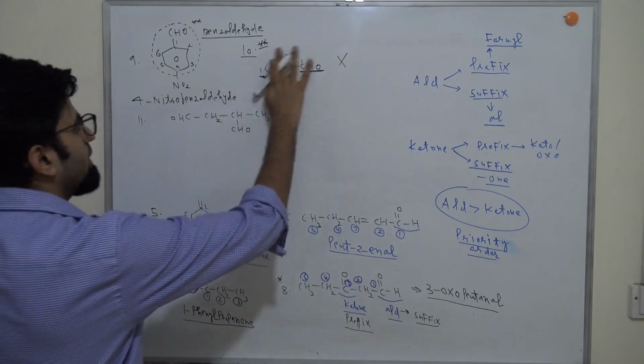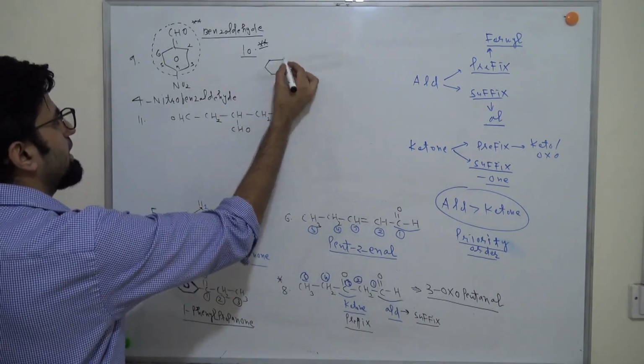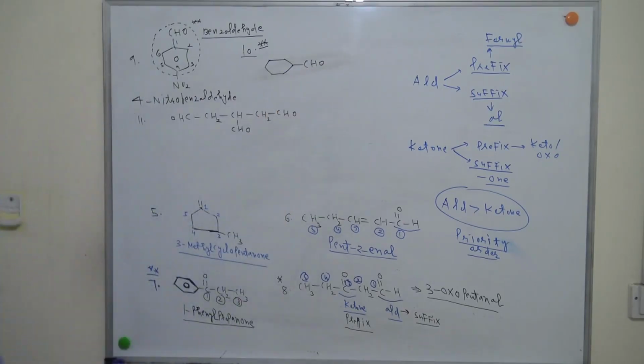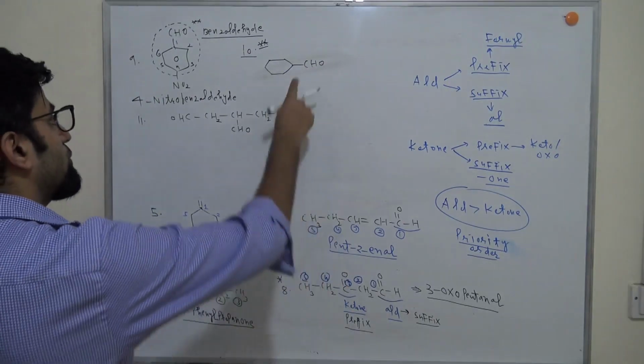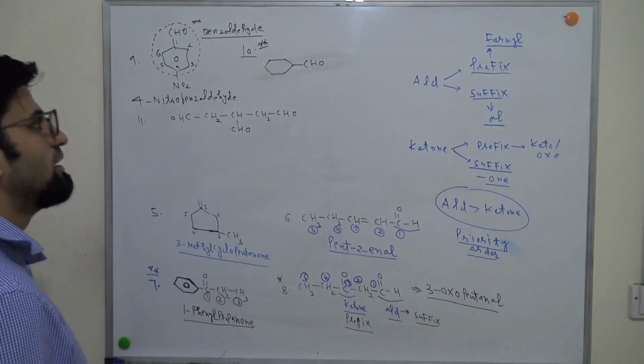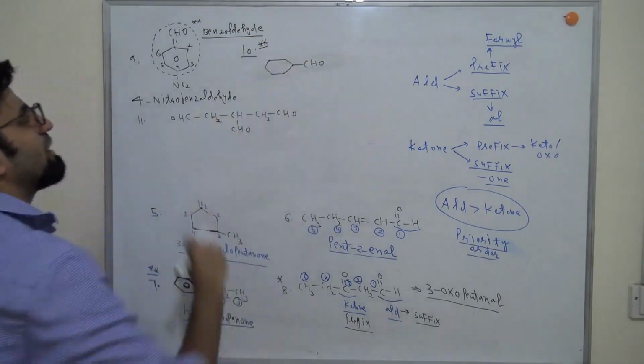So in this kind of compound, where the functional group CHO is directly attached to the ring, and you can't include it in a main chain, right? So basically, then we use a special kind of naming.